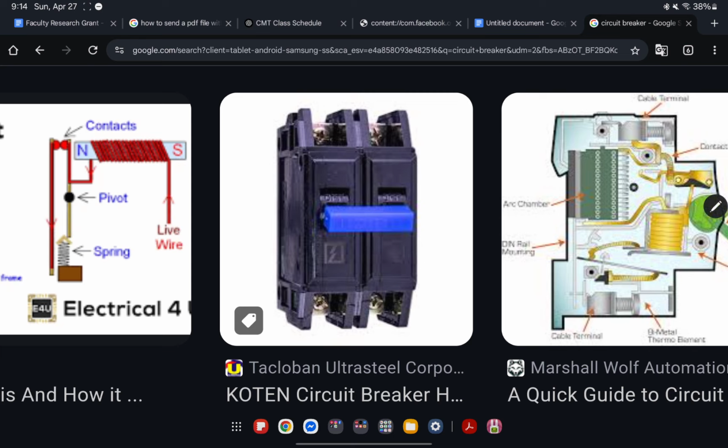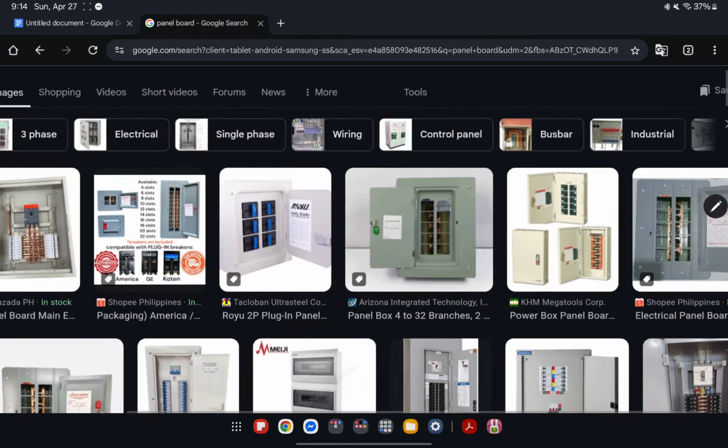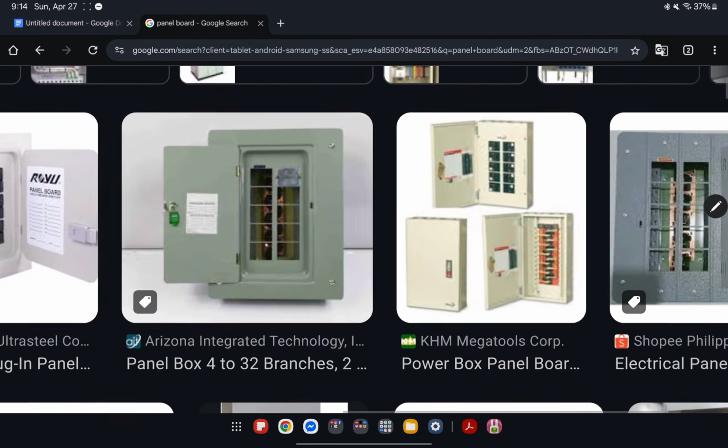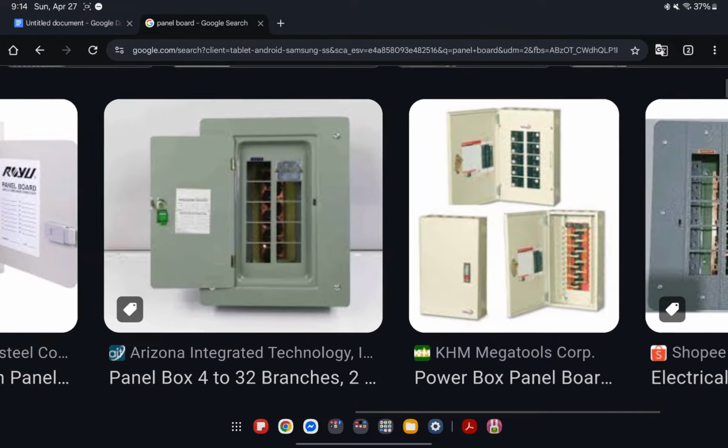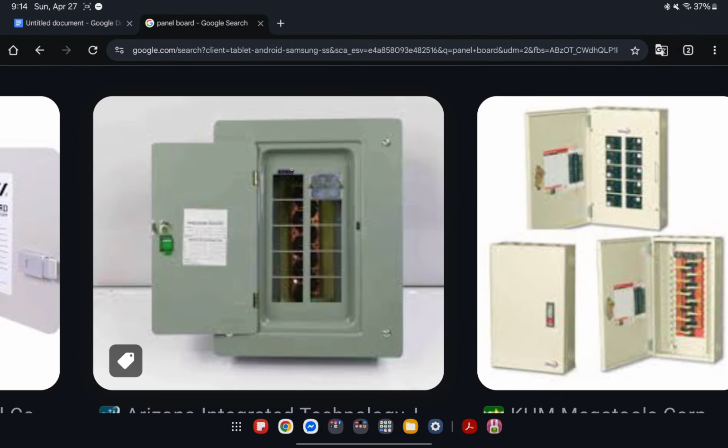Now all these circuit breakers will be arranged inside a panel board such as this one. These are examples of a panel board. So for example, this is a slot for one circuit breaker. Imagine one circuit breaker is placed on each one. Each circuit breaker controls one circuit.